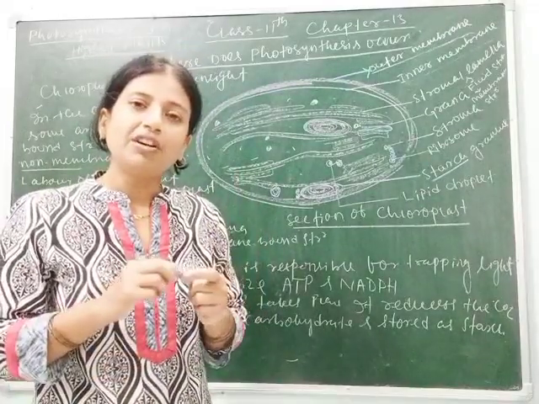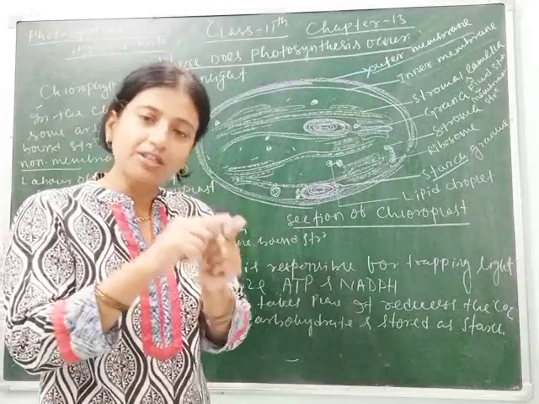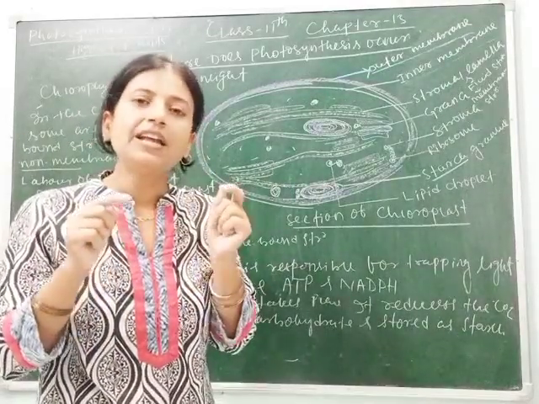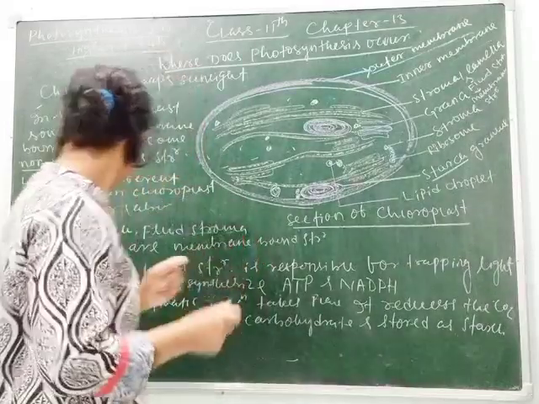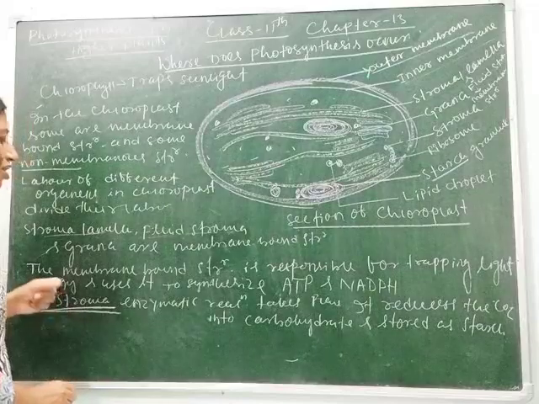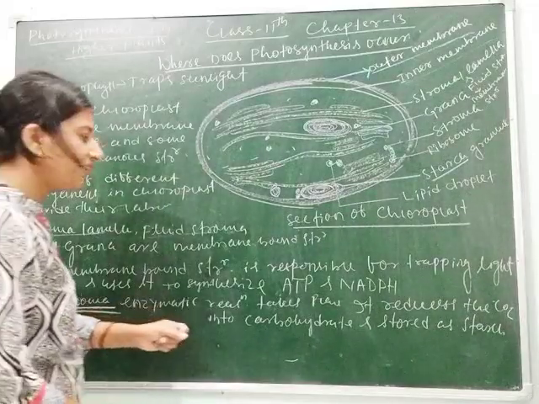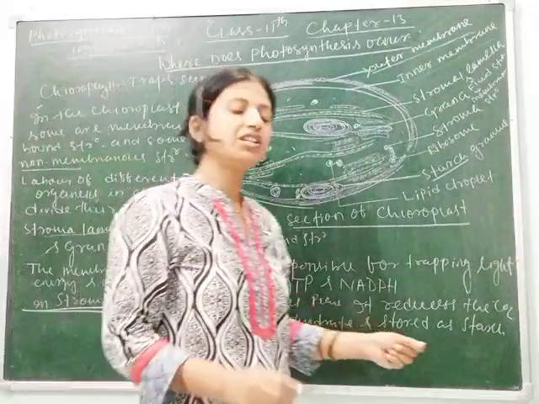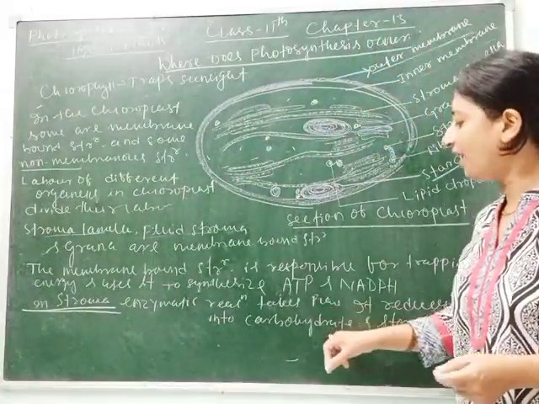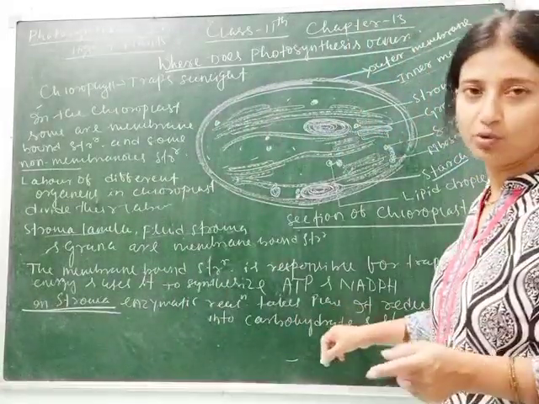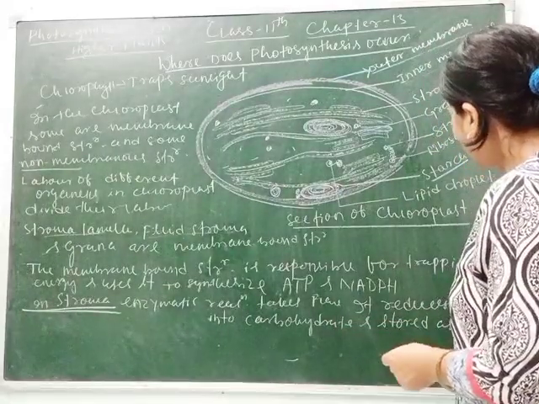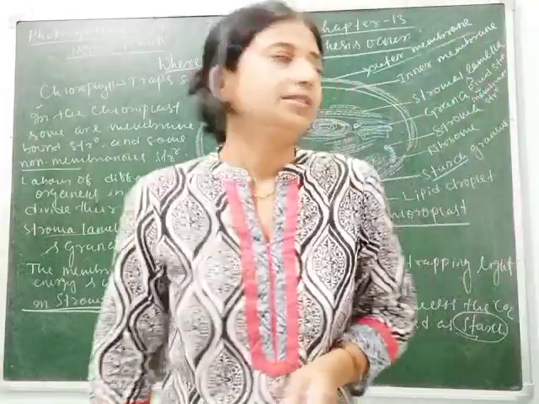So here the reduction of carbon dioxide to carbohydrate occurs in the stroma, and after reduction it is stored as starch. I think you understand students.